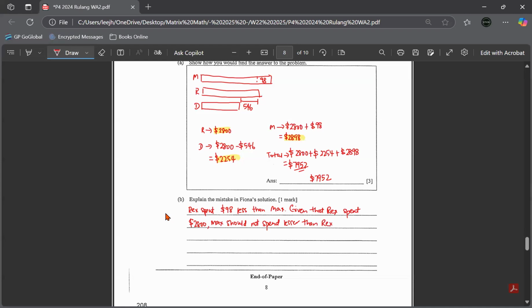So the correct solution is, okay, so we can write here the correct solution to find how much Max spends should be, you can write down your own solution here. 2800 plus 98 equals to 2898.